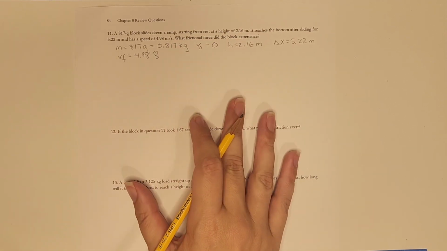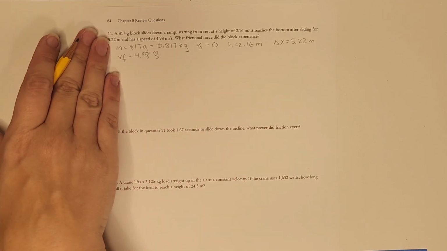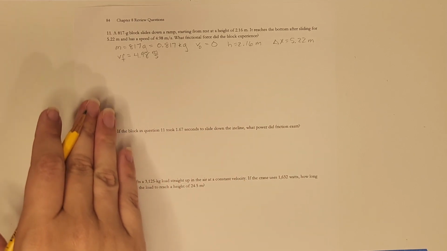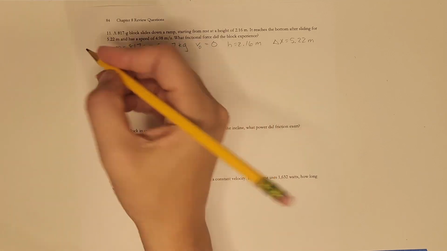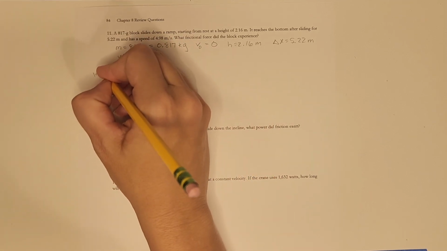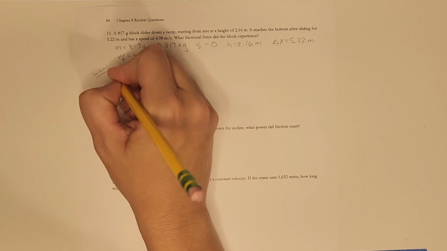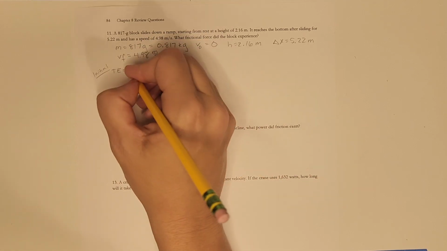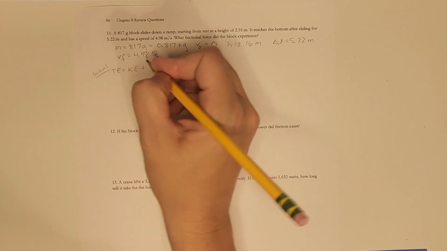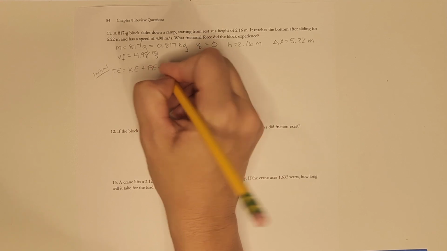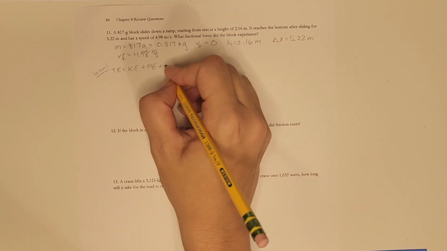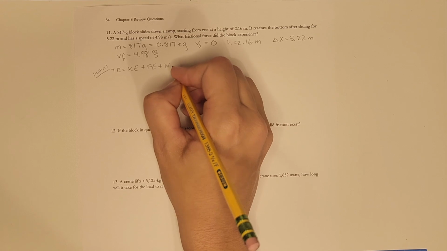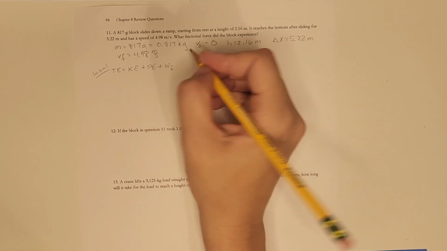So let's go ahead and get our total energy initially and at the bottom of this ramp. So initial, total energy, kinetic energy plus potential energy plus, we'll go ahead and throw this work from friction there.